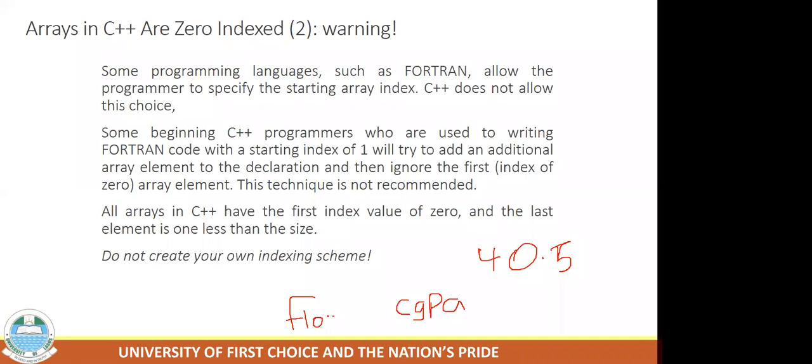You use float. So you say float CGPA. Why? This is a real number, it has a decimal point. Assuming it's 40, you use integer. But what if it is a character, A, B, C, D, whatsoever? Then you use char to define your variable. Are we on the same page?